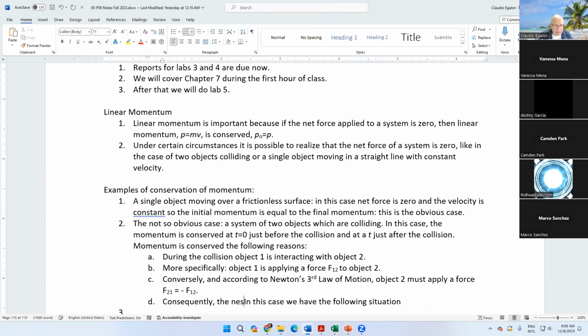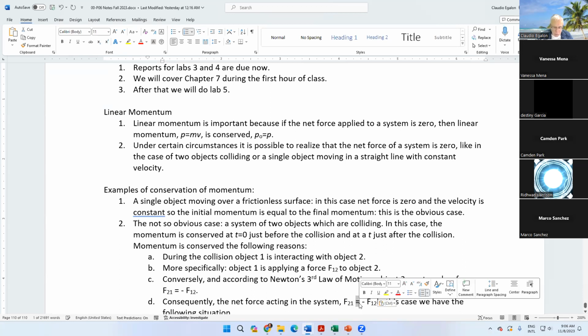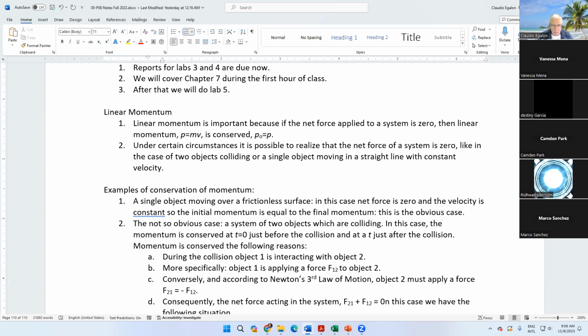Consequently, the net force acting in the system, F21 plus F12, must be 0, because of Newton's third law.